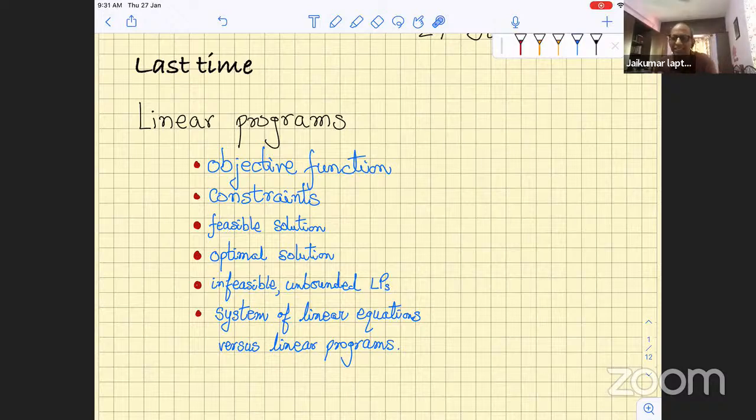And then we had a quick comparison between systems of linear equations, which we know how to solve using Gaussian elimination, and linear programs, which we haven't yet discussed how to solve, but eventually we will have the simplex method, and we will later on say that there are also methods that are efficient to solve linear programs. Simplex method in practice is quite efficient.